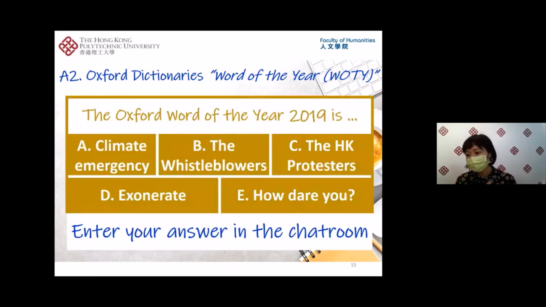And how dare you? A lot of you also picked how dare you because it is related to climate emergency. So you also have the same line of thought, and it is a famous quote by Greta Thunberg. Great.